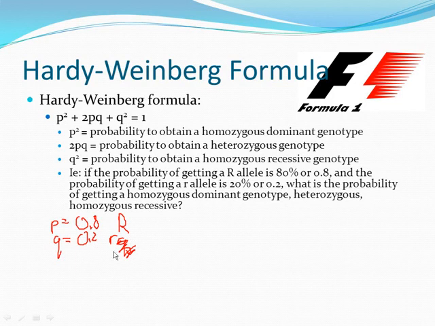So what's the percentage to get a homozygous dominant? This is the genotype once again. It's basically p squared, which is 0.8 times 0.8, which is 0.64, which is 64%.